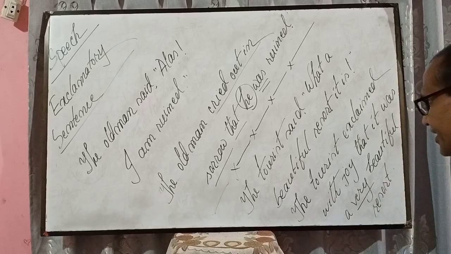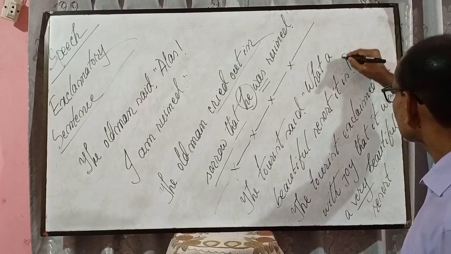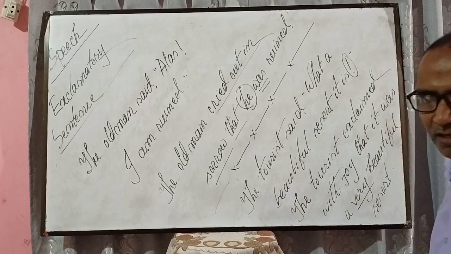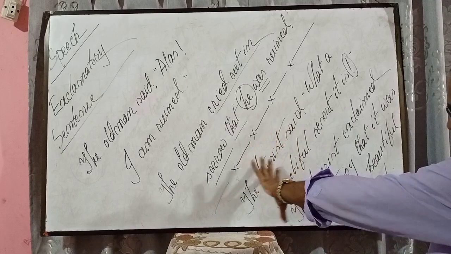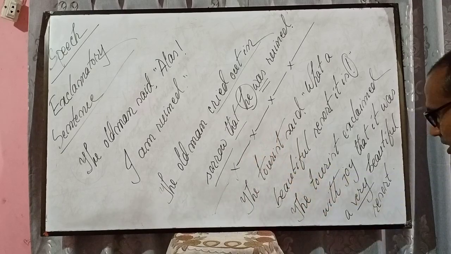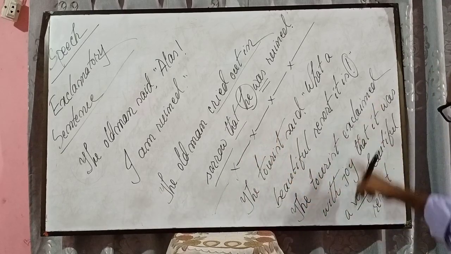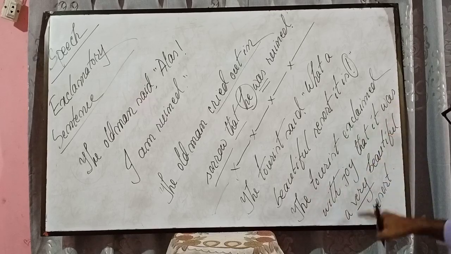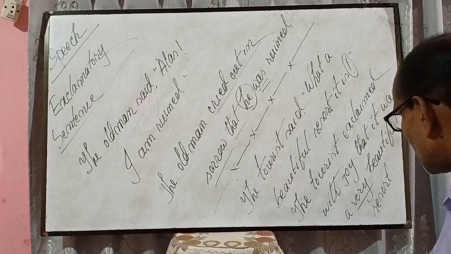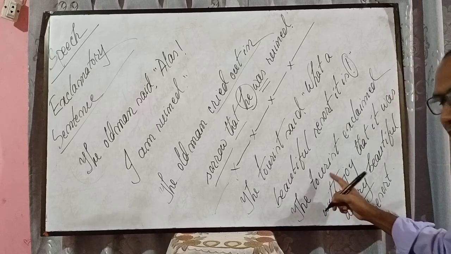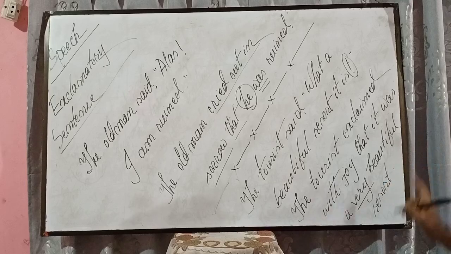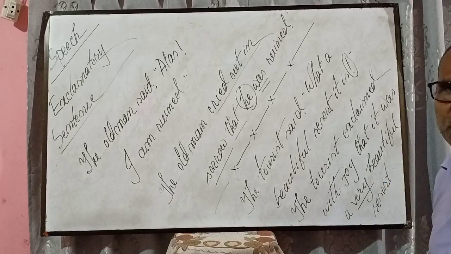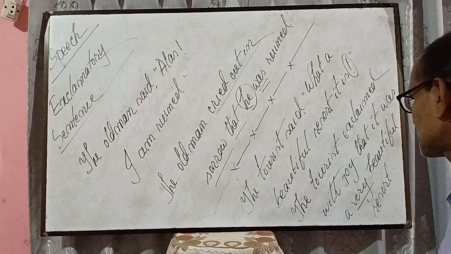I have used "very" here instead of this exclamatory sign. So I have narrated the sentence according to my way. The tourist exclaimed with joy that it was a very beautiful resort. টুরিস্ট ভ্রমণকারী যিনি উনি খুব আনন্দের সহিত চিৎকার করে বললেন যে এটা একটা চমৎকার রিসর্ট.